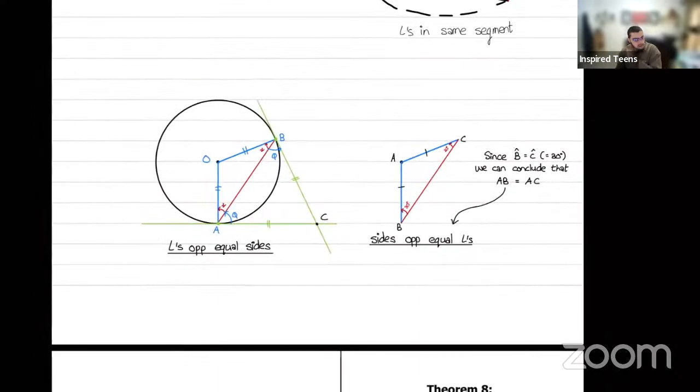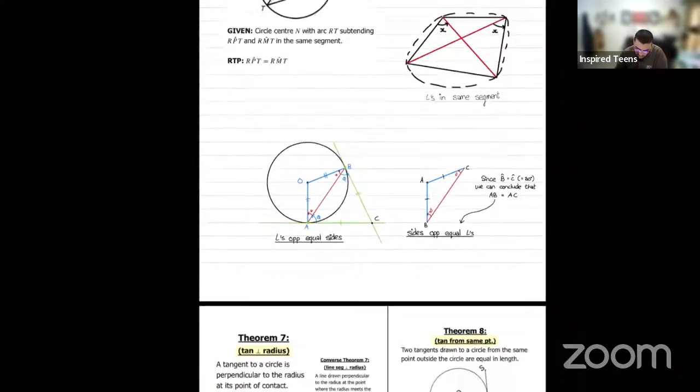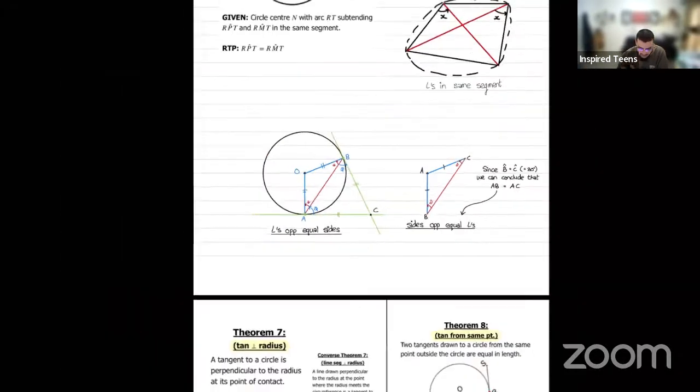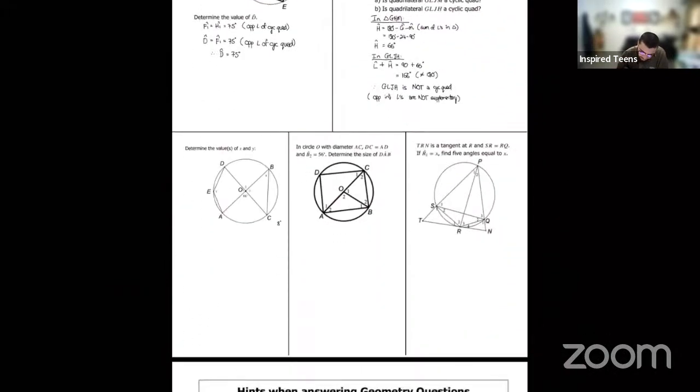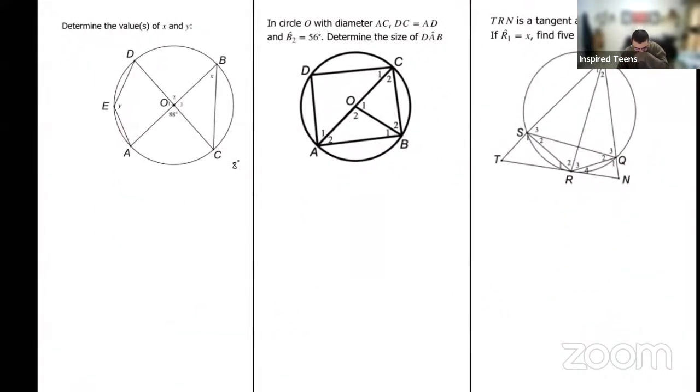So just keep that in mind. That's what I mean by these two diagrams. I hope that makes sense. Please keep that in mind. That's the last theorem we needed to discuss.